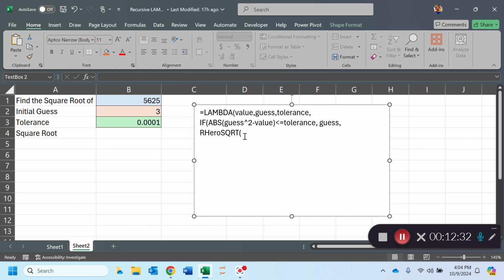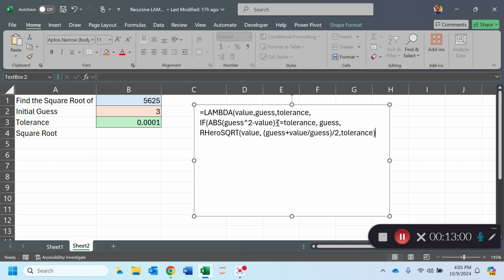And this time, it's going to use the value because we're trying to find the square root of this number. But we're not going to use the guess here. We will update the guess, and the updated guess is going to be guess plus value divided by guess, and divided by 2. Okay, and then we will just still use the tolerance, and then we'll close this R hero square root function.